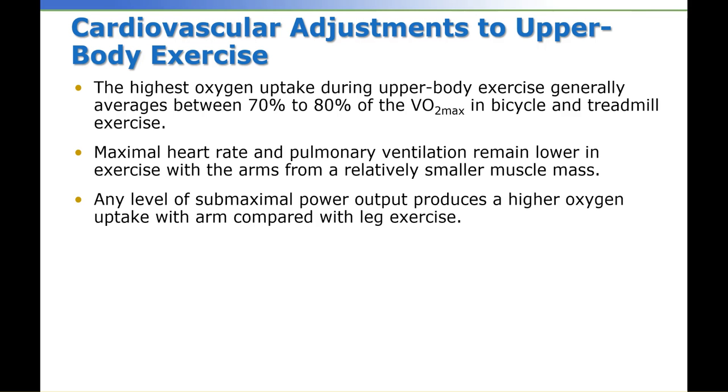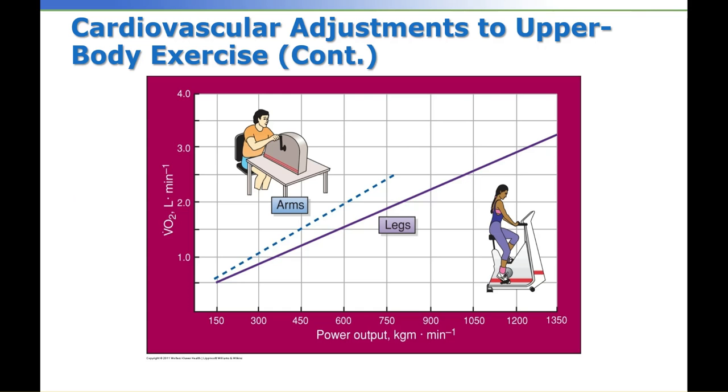Any level of submaximal power output produces a higher oxygen uptake with arm compared to leg exercise. And that's what this talks about here, where arm exercise requires greater oxygen uptake than leg exercise at any submaximal power output throughout the comparison range. The largest difference occurs during intense exertion.